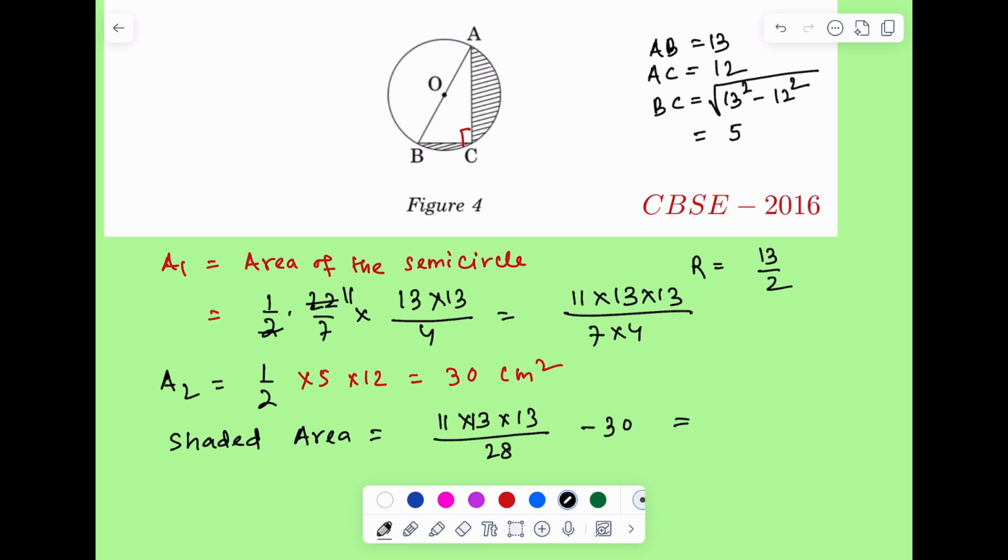If we calculate, 13 multiplied by 13 is 169, multiplied by 11, it is 1859 divided by 28, that is equal to 66.4 minus 30, that will come around 36.4 centimeter square. This is the area of the shaded region.